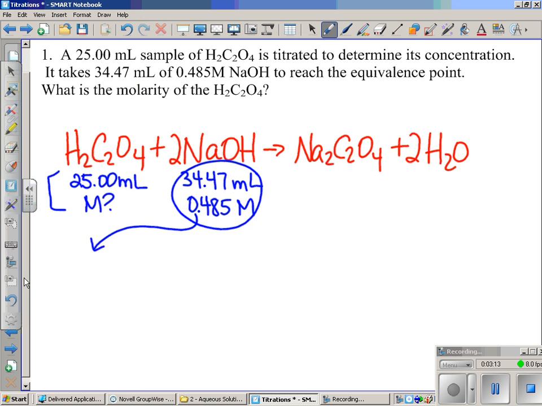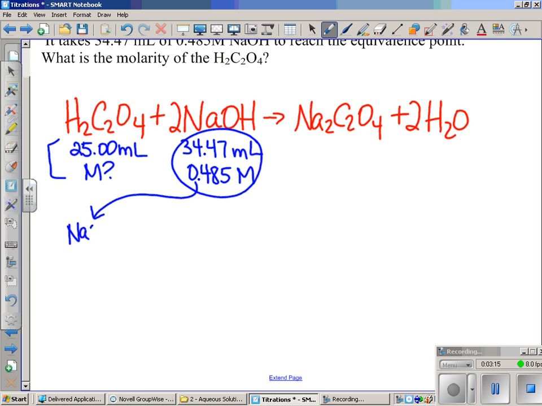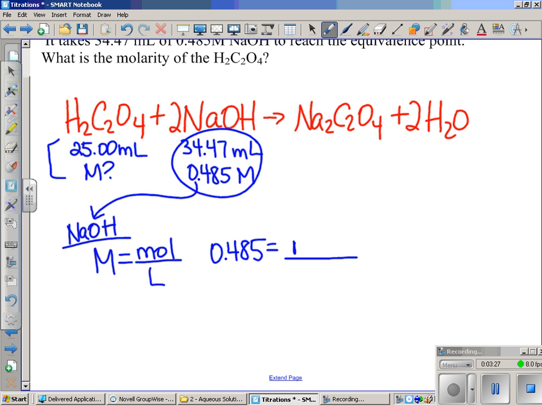So you're going to take this information that you've been given about the base, so I'm just going to label this that it's base, and you're going to use the molarity equation. Molarity equals moles over liters. So you're going to do 0.485 equals your moles, which we don't know how many moles we have, over 0.03447.